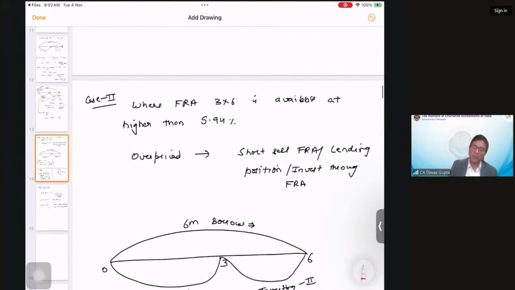Now let's take case 2, where FRA is available at higher than 5.94. That means it is overpriced. If it is overpriced, then what do you do? You will short sell your FRA, correct? That means going into the lending position. So you will be investing through FRA.